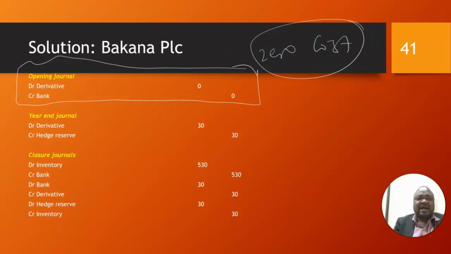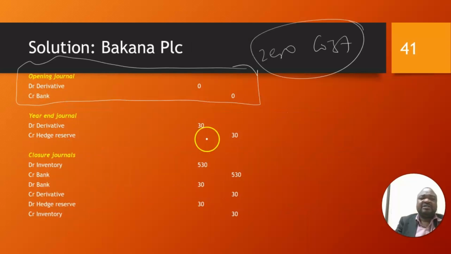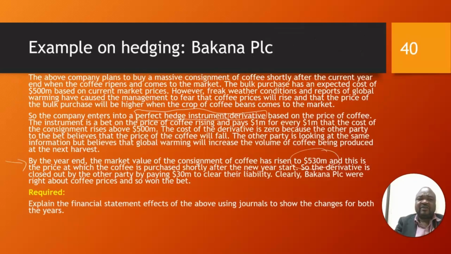Now, at the end of the year, we are told that coffee has risen to 530. And remember, this company was being paid 1 million for every $1 rise in cost. So if the cost is now 530 at the end of the year, the full 30 million has risen from 500.